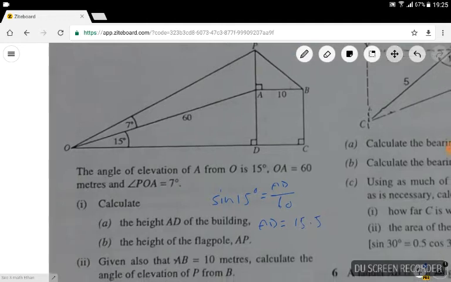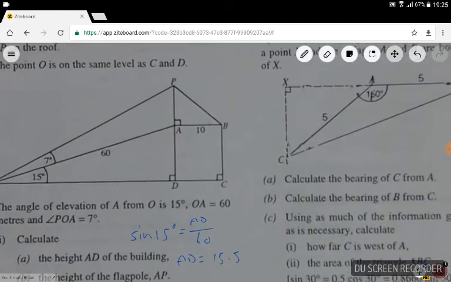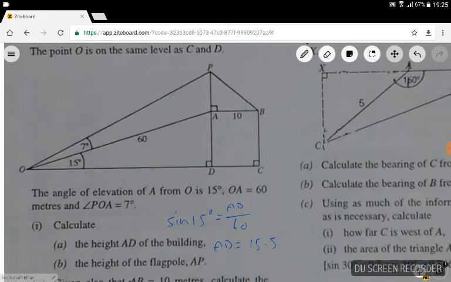Next one, the height of the flagpole. Okay. Height of the flagpole AP. So AP is here, right?